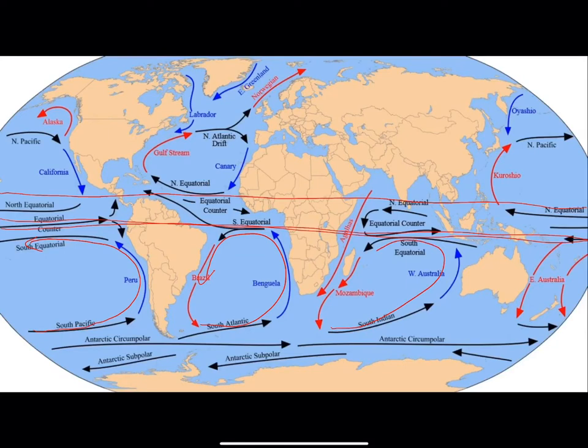Now everything to the north follows a clockwise pattern. Here's one, here's another one, and here is another one over there. So keep that in mind: everything to the south, counterclockwise; everything to the north, clockwise. And all of these currents, especially the major currents, have names that go along with them.